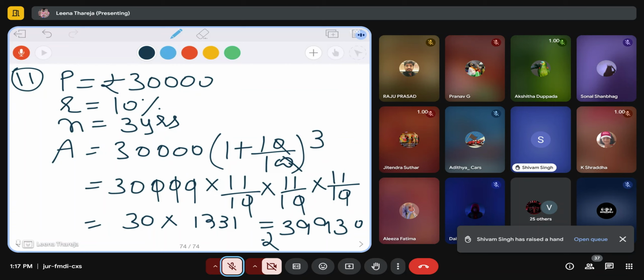Third part, what did they ask? Total compound interest earned in 3 years. Do you have amount for the 3 years? Do you have the principal also? Yes, ma'am. Then you have to just subtract. CI is equal to A minus P. 9,930.